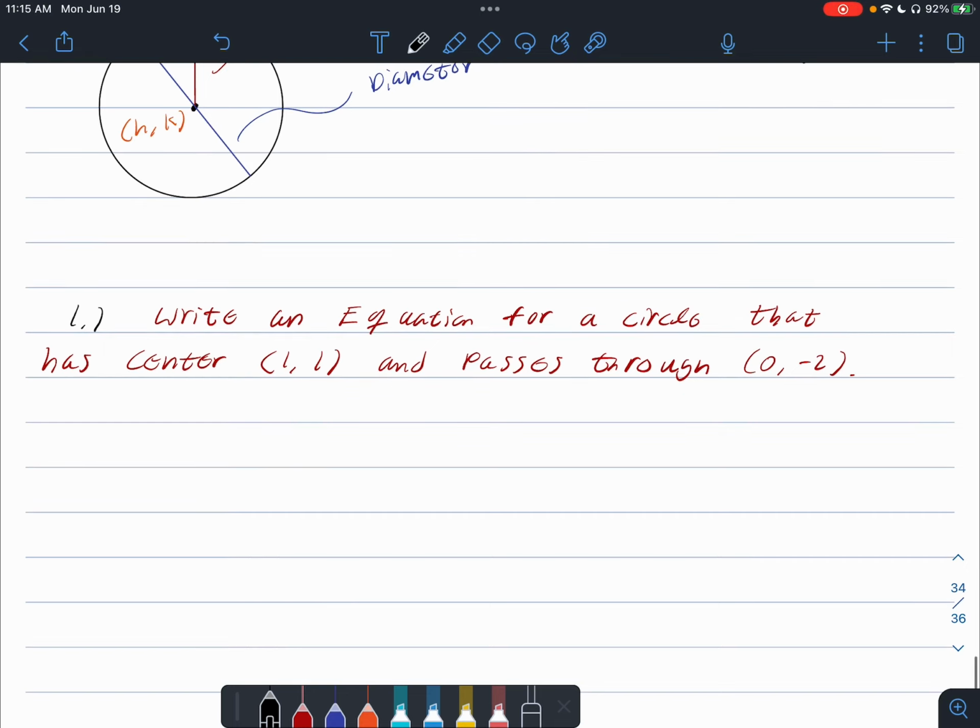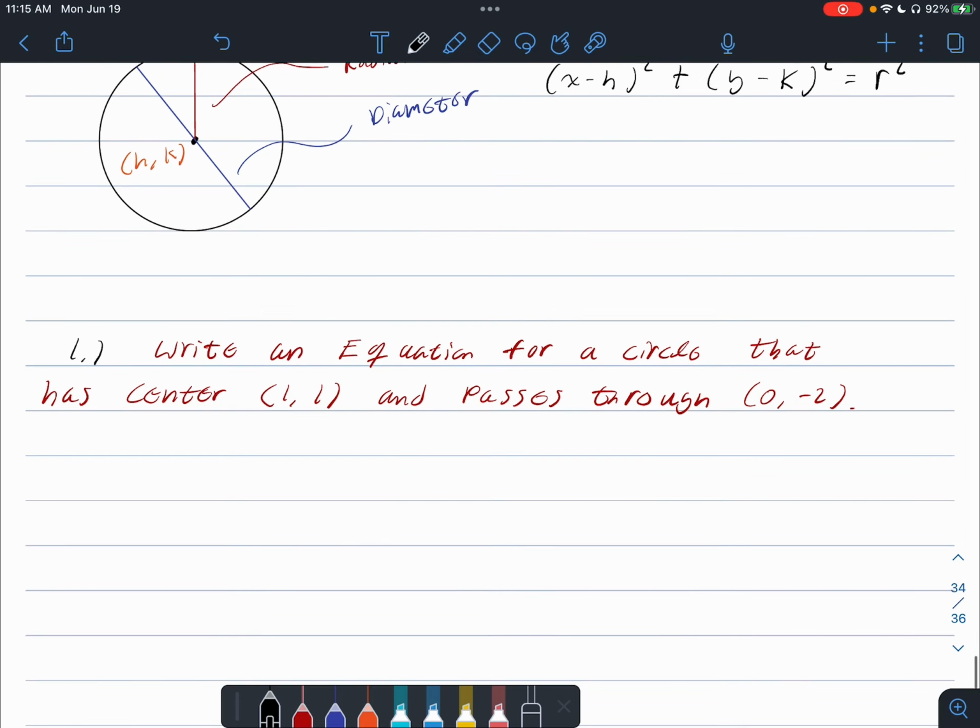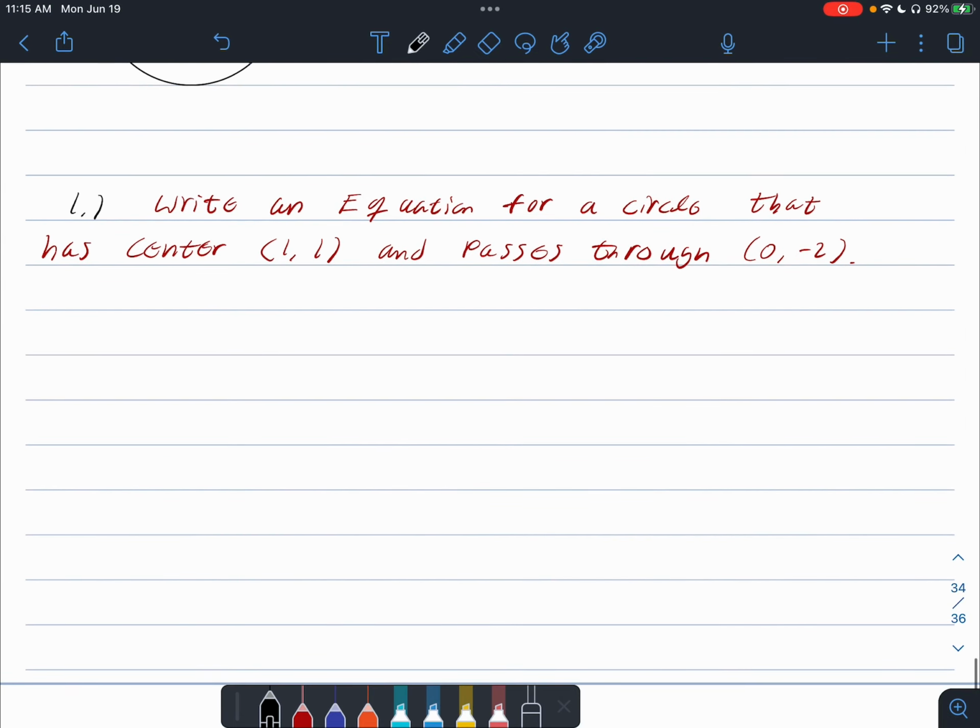that we're given. Okay, so we have the center, so we have that h is 1. Well, let's write this out. So we have the center (h, k) is equal to (1, 1). So we know that, therefore, h equals 1 and k equals 1.